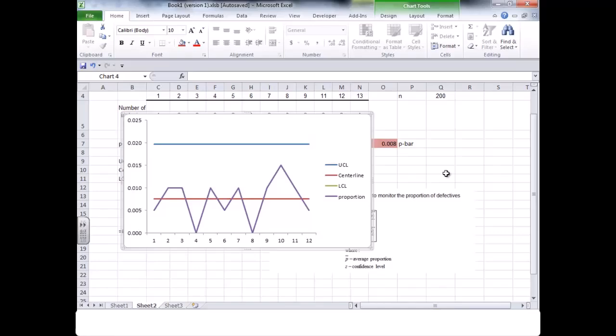Okay, questions? Vanessa? Well, if they were all below the center line, that means that you may have improved the process, that the proportion would have shifted downwards. So you need to create, right, anytime you change a process or introduce a new system, you would want to recreate a chart to see if it indeed improved what you're trying to monitor.